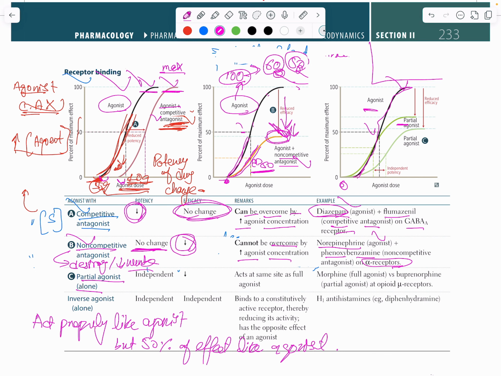For example, this is a graph. This is the concentration of agonist, and this is the concentration of partial agonist. When the concentration of agonist is high, the effect is at its maximum.